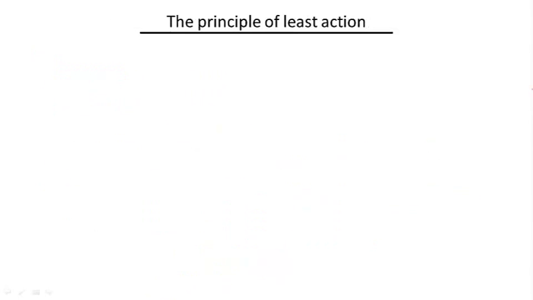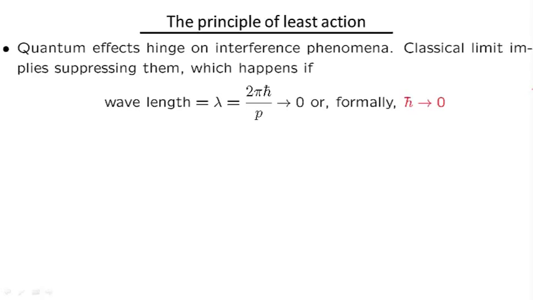Now let me go back to quantum physics, and we're going to see how the previous mathematical discussion is going to become relevant. Remember my motivation in the very beginning: I said that I want to take the classical limit of my quantum mechanical theory. So what does it mean to take a classical limit?